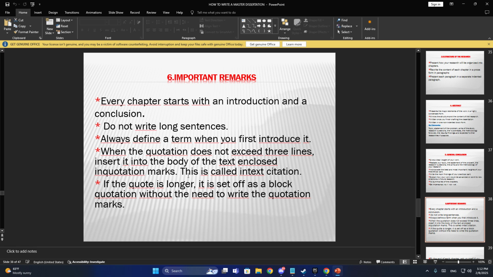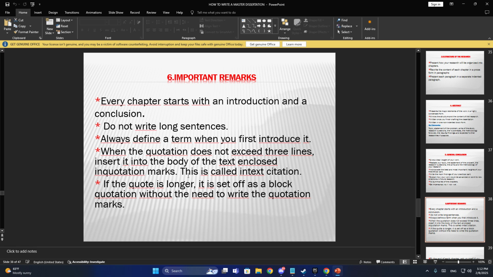Then, when the quotation does not exceed 3 lines, if you quote from a text, here what do we do? We insert it into the body of the text, enclosed in quotation marks. This is what we call in-text citation.